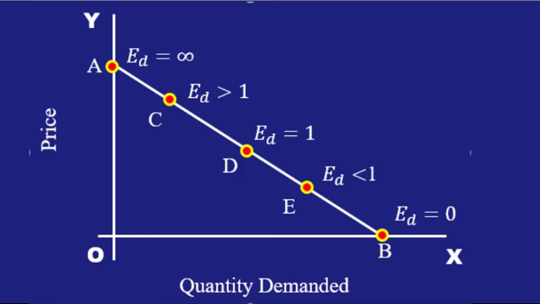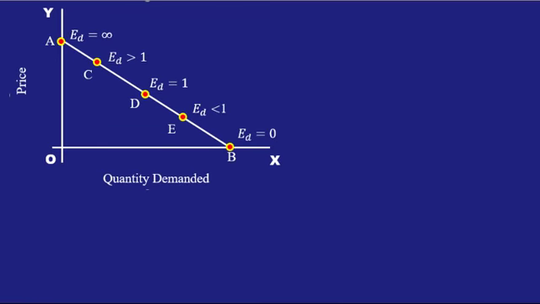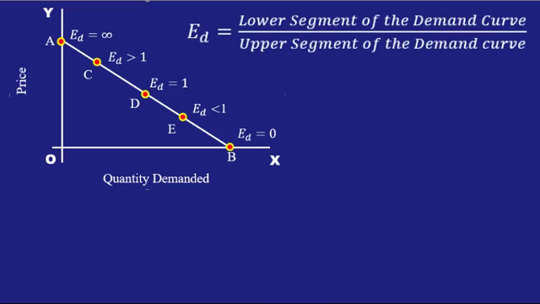The formula that is used to measure elasticity of demand at any given point on a linear demand curve is: elasticity of demand is equal to lower segment of the demand curve divided by upper segment of the demand curve. You take any point on the demand curve.